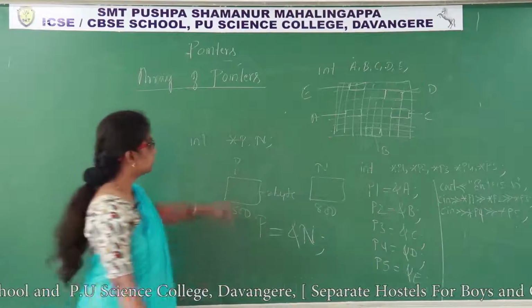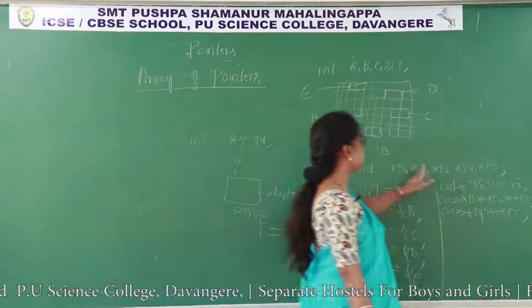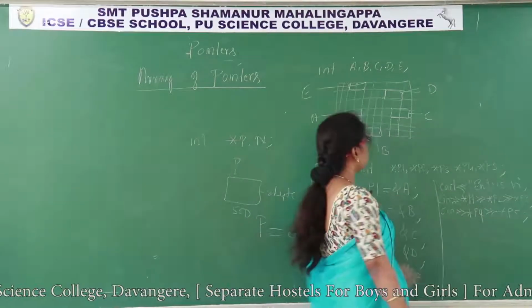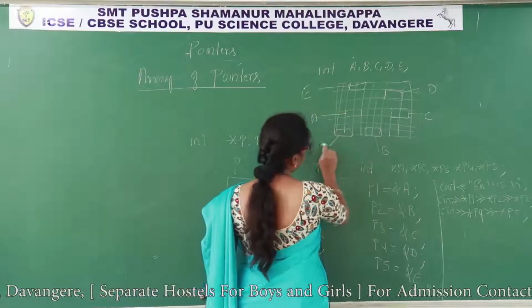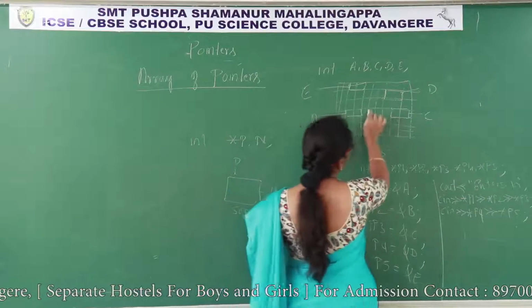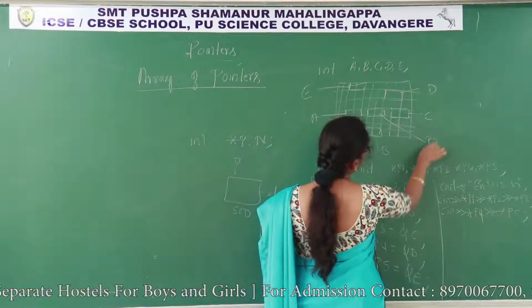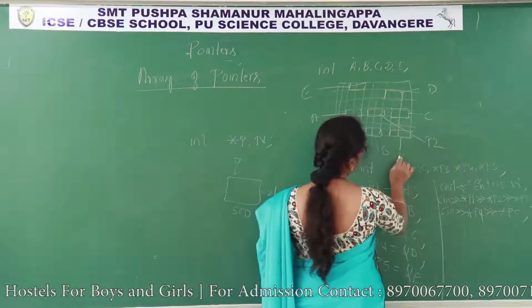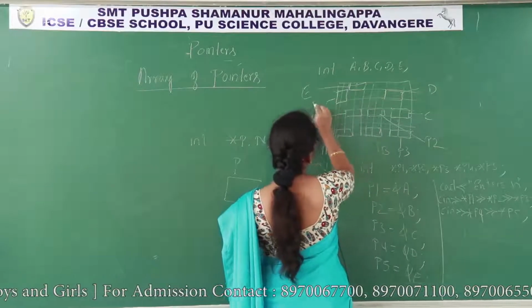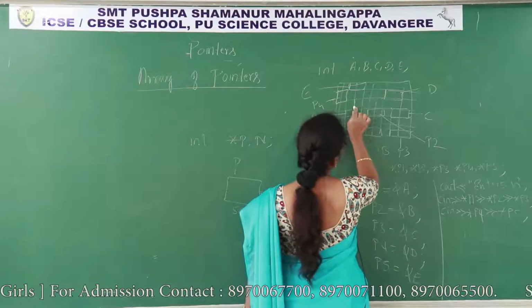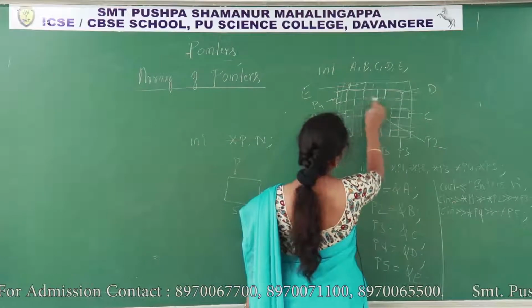Okay. See, when I write these statements, P1, *P1, P2, P3, P4, for those also there is a memory allocation. This is for P1, random allocation somewhere. This is for P2, and this is for P3. Here, this is for P4. This is for P5.